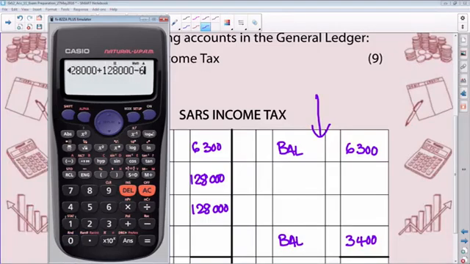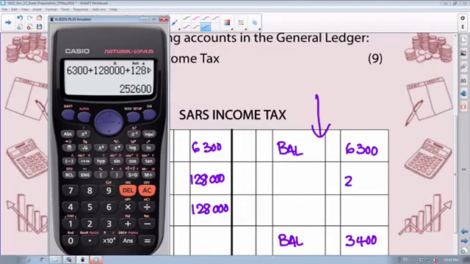Minus 6,300 minus 3,400 will give you a figure of 252,600. Now watch. What is the 252,600? The 252,600 is your income tax for the year.